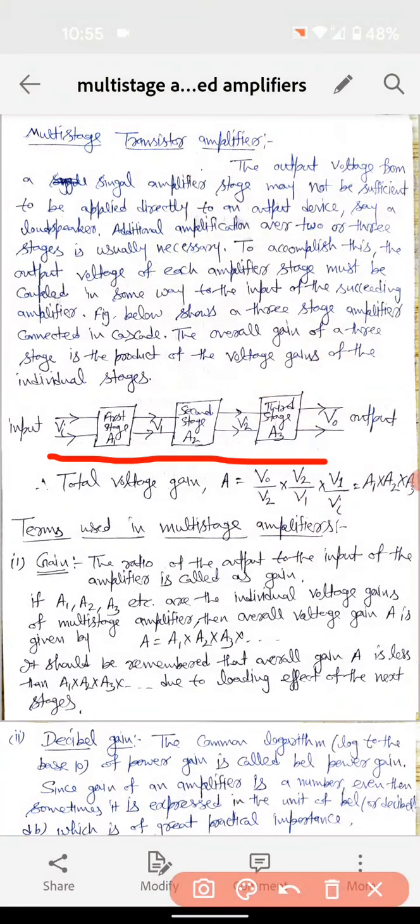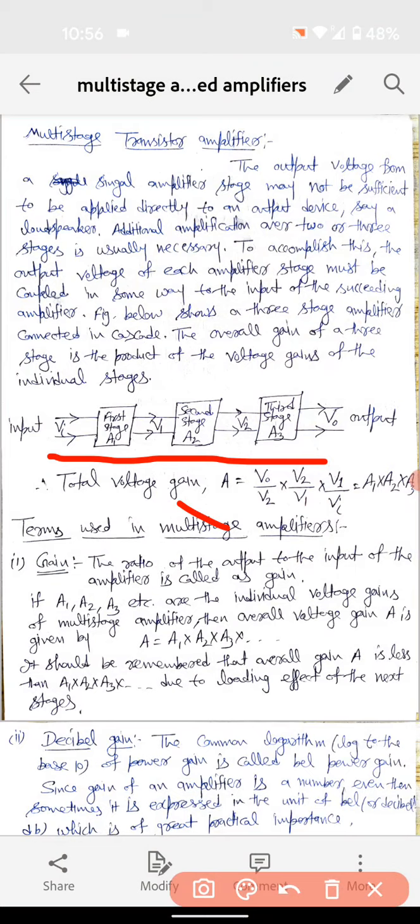So the voltage gain for this three stage amplifier will be this value. A, the overall voltage gain of the multi-stage amplifier, will be V0 over V2. That means V0 is the output and V2 is the input for the third stage, so this term will come.